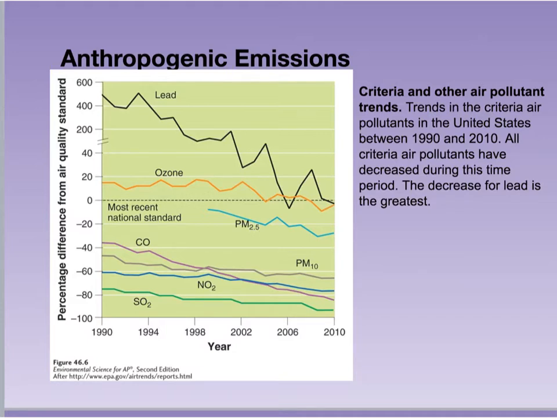A variety of non-governmental and environmental organizations have prepared lists indicating the top 10 or top 20 most polluted cities in the world. These cities are in China and India, and usually the whole German, Poland, Czech Republic area. But usually China and India are at the very top of that list.